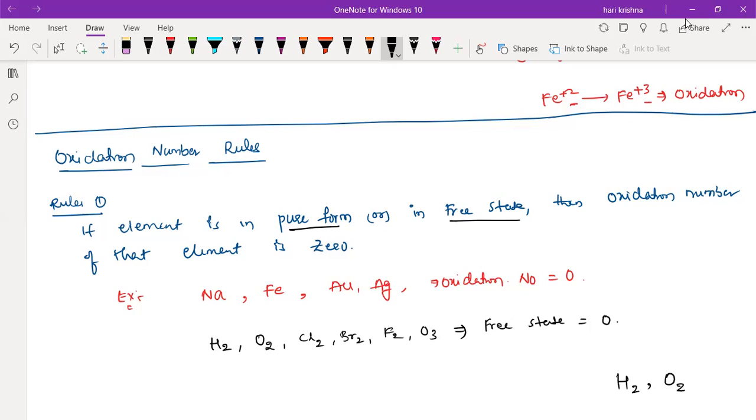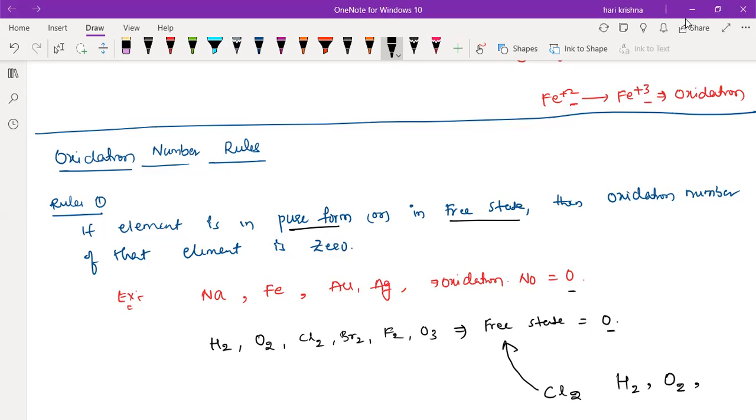But O2 will exist freely in nature, in the air. Same way, if you take chlorine gas, it cannot be a single Cl. It will exist in nature in the form of Cl2, free state. So free state elements also have the oxidation number 0. I hope you understand now.